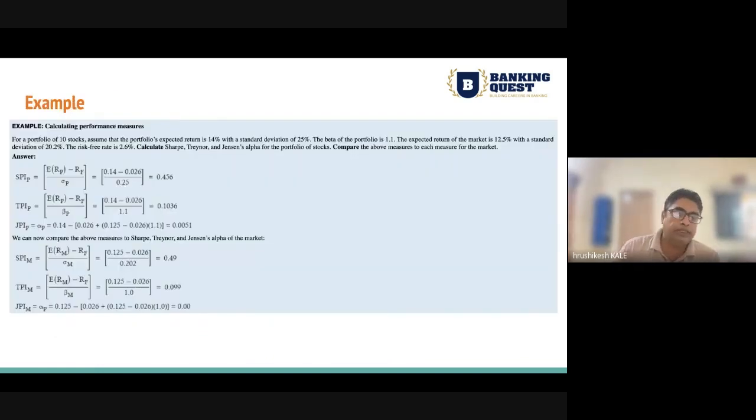Example, yes. If you remember the formula, it's just plug and play. Return of portfolio minus risk-free upon standard deviation is for the Sharpe ratio. For the Treynor ratio, return of portfolio minus risk-free upon beta. And alpha is return of portfolio minus CAPM.